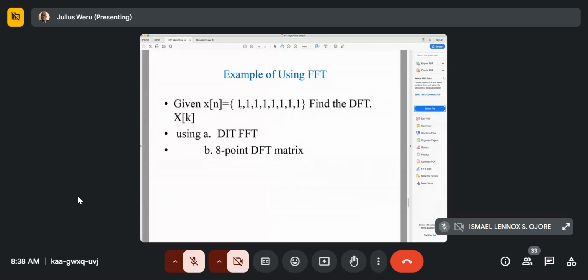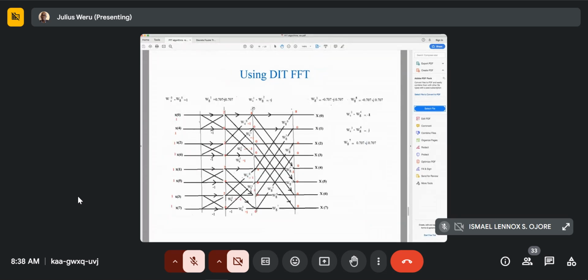So by even, we mean the 0th sample, the 2nd sample, the 4th sample, and the 6th sample. And the odd means the 1st sample, 3rd sample, 5th sample, and 7th sample. That's exactly what we mean.